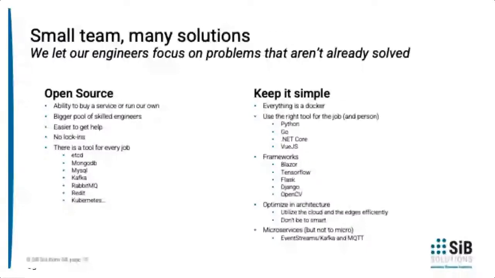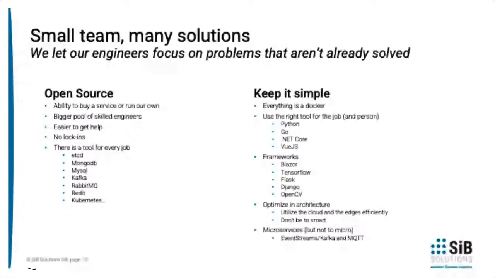Also, we try to not optimize too much. There's ample power in the cloud for us, so we have no problem using Python, for example. It doesn't use the CPUs most efficiently, but it's good enough, and it keeps things very simple and easy to debug. And that's more important normally than the raw power we could get.